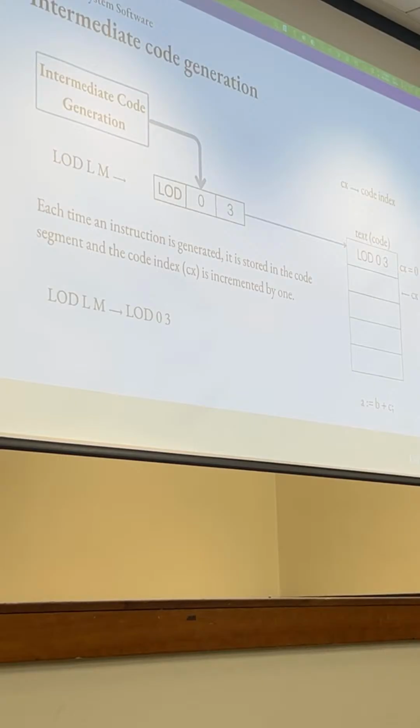And L is the lexicographic level, or lexical level. What is the level we're dealing with in the load instruction? Is it dealing with the static link or the dynamic link? A or B?